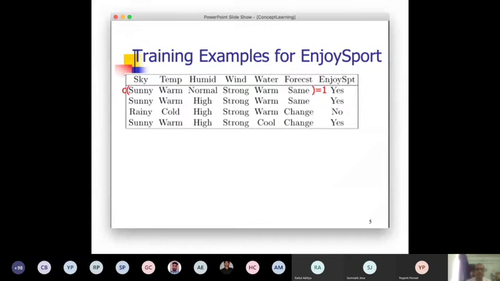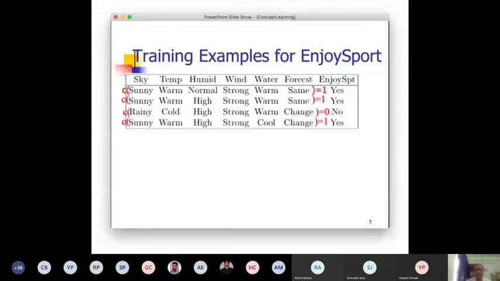Typically the values are shown for the first row. Similarly, this is another set of attributes, and from there you get the functional value. Whereas when the value is no, then for those values of attributes you get the functional value as 0. So what you would like to learn is this function.